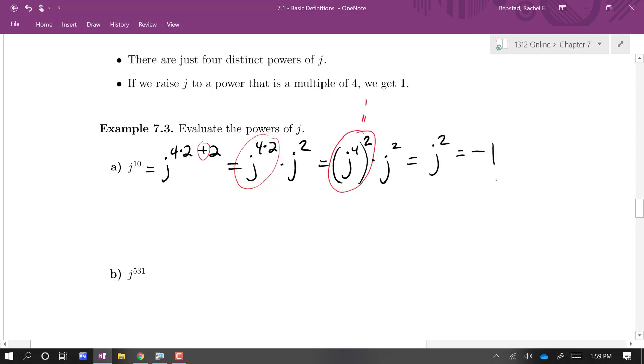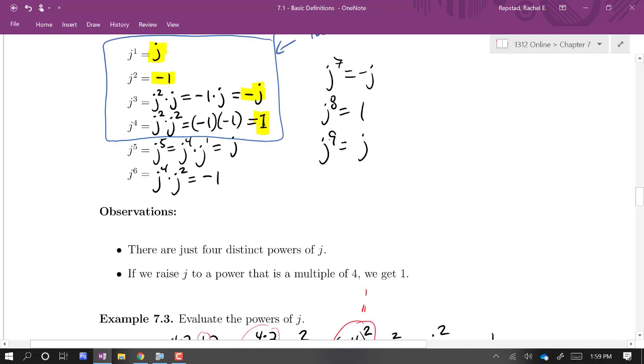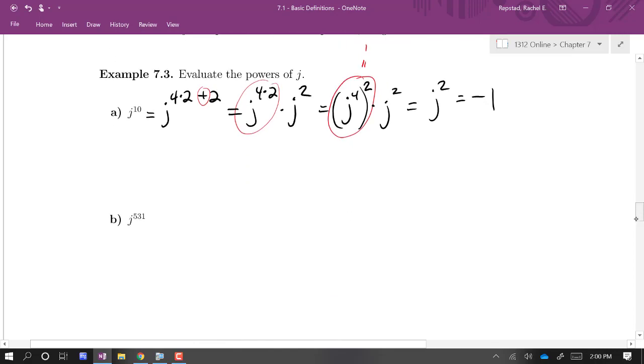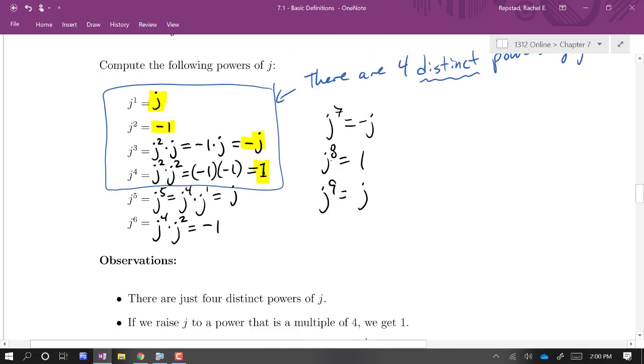Now, you might look at j to the 10th and think, well, I could just have extended this power. We were almost there, right? We got up to j to the 9th, so why go through this whole rigmarole? The reason is because if I wanted to do something like part B, j to the 531, I am not going to keep writing out powers of j and following the pattern until I get to 531.